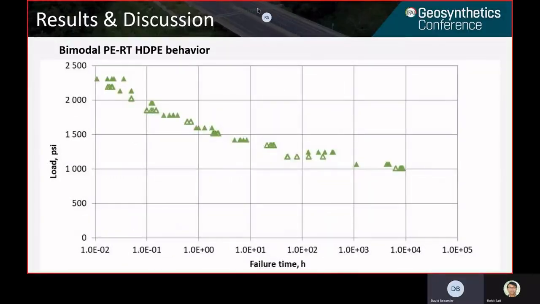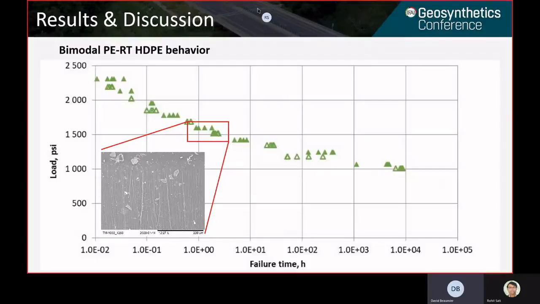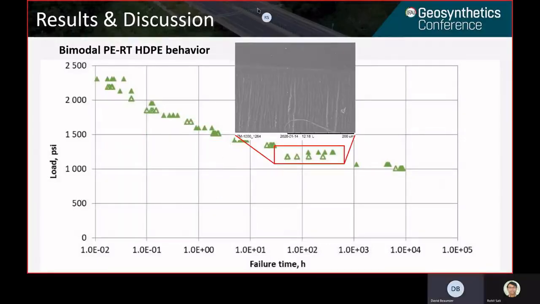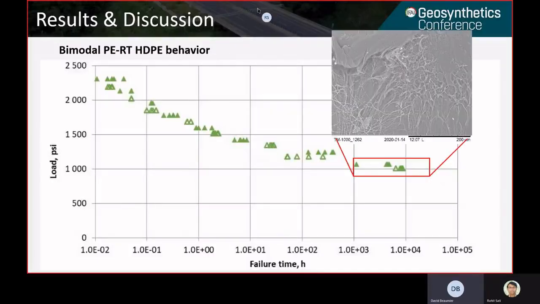If we then look at how this bimodal PE-RT is behaving, basically we still get these types of ductile failures at high loads, up to a point where we get a little bit over 1,000 hours and a little bit over 1,000 psi. As for the HDPE, we get this type of brittle failures.